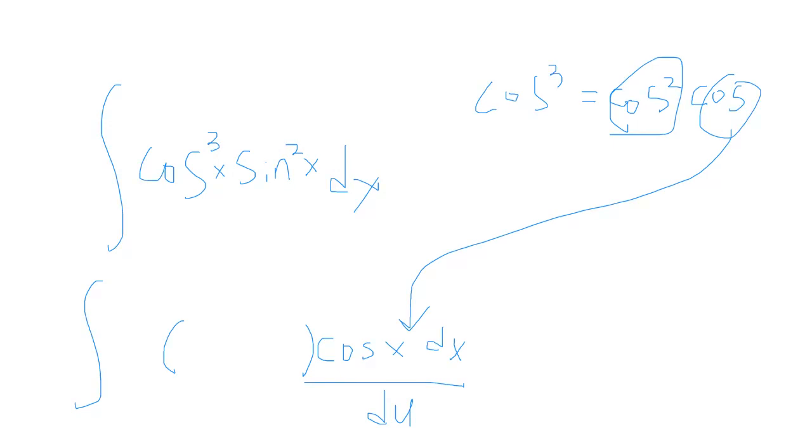But I want u to be sine. So I want to rewrite this cos square as 1 minus sine square. Trig identity, right? Sine square plus cosine square of the same angle equals 1. So cos square I'm going to write as 1 minus sine square. So I still have this sine square.